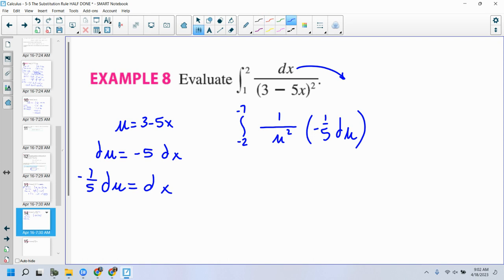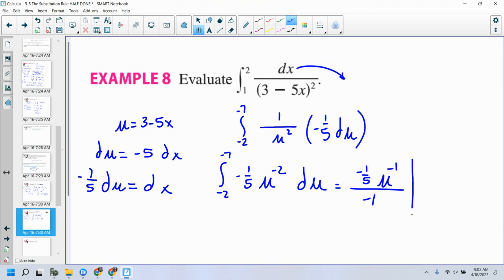All right, so let's run the integral. I'm just going to make it look a little different. Negative 2 to negative 7 of negative 1/5 u to the negative second du. Just going to bring that power up out of the denominator and make it negative. So we got negative 1/5 u to the negative first over negative 1 from negative 2 to negative 7.